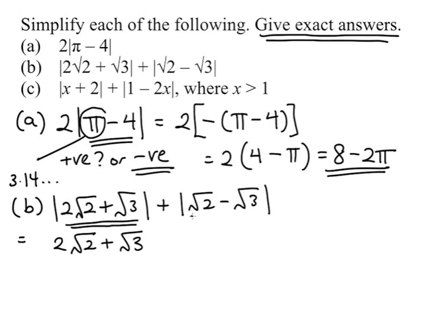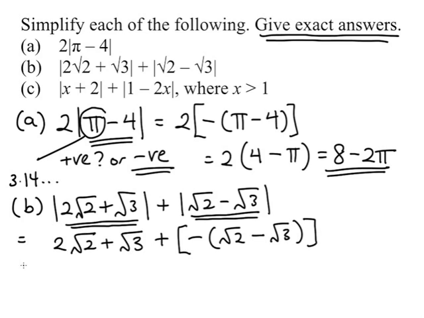But let's look at this one here. Now root 2 minus root 3 will give us a negative value. Following the definition of an absolute value function, if I have a negative value inside, when I remove these 2 bars I need to put a minus in front of the square root 2 and the square root 3.